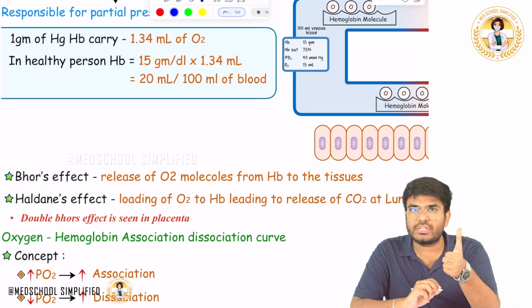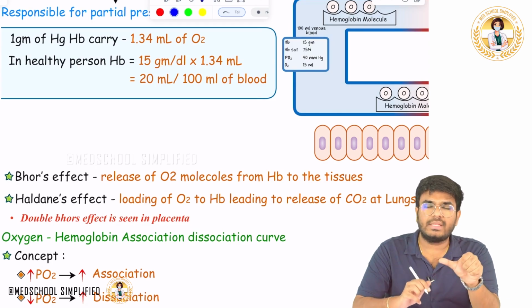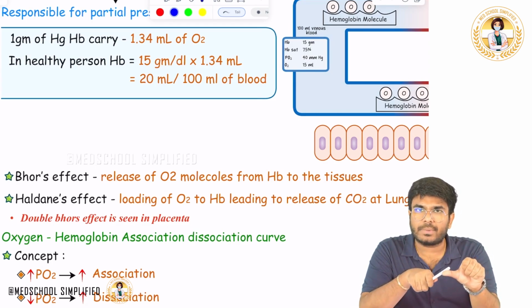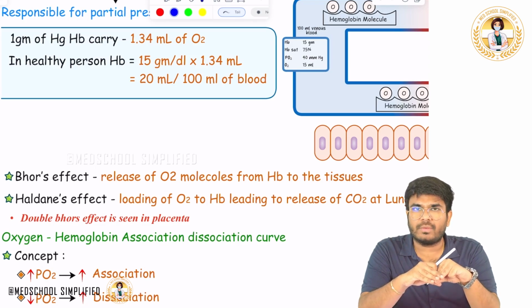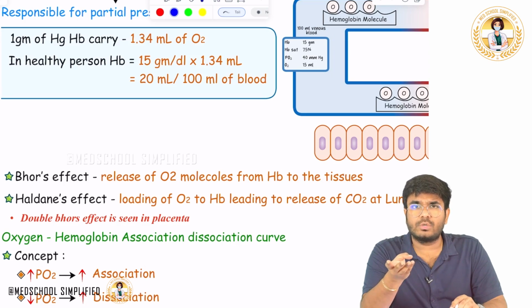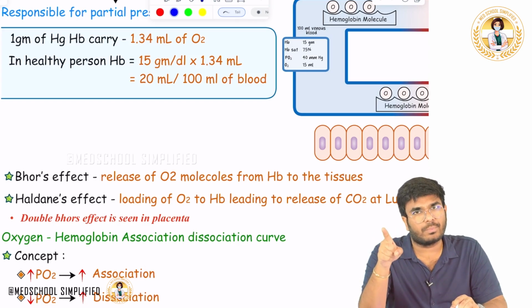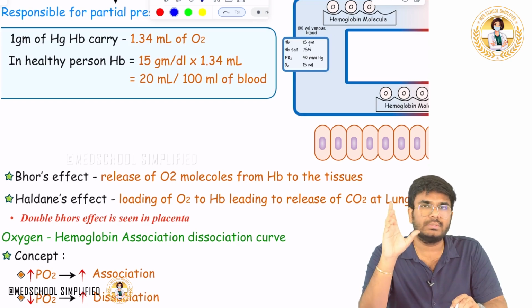At the level of your tissues, there is hypoxia, less partial pressure, high temperature, 2,3-bisphosphoglycerate, and a more acidic environment. So due to the acidosis, hypoxia, and high temperature, the hemoglobin will release the oxygen molecules to the tissues. That effect is called Bohr's effect, which occurs at the level of tissues.